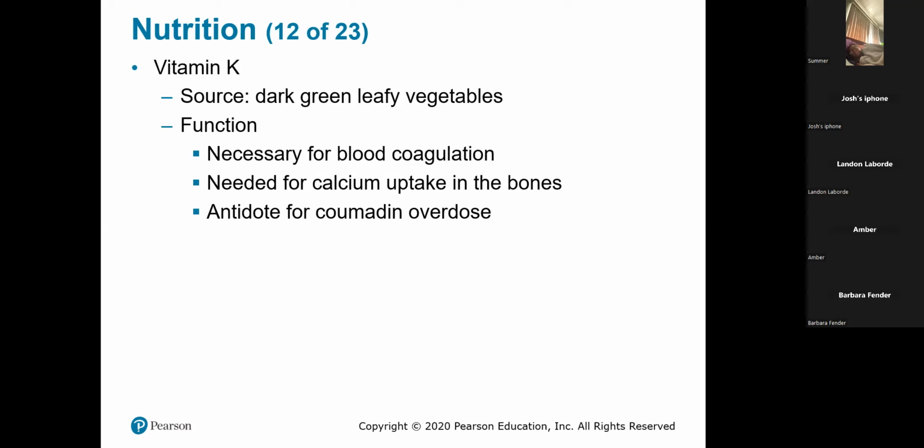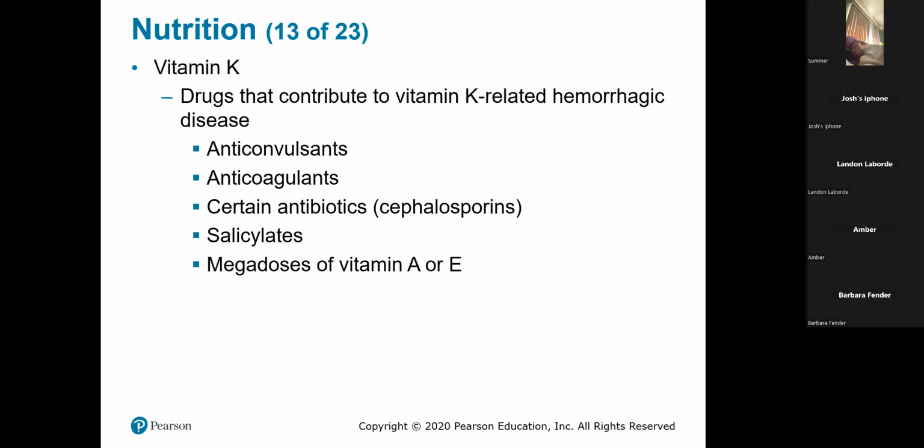Vitamin K comes from dark green leafy vegetables. Vitamin K is necessary for blood coagulation. So if somebody has too much Coumadin or warfarin, that anticoagulant, vitamin K is the antidote to reverse that. Vitamin K is also needed for calcium uptake in the bones, and it is an antidote, as I just mentioned, for that Coumadin overdose.